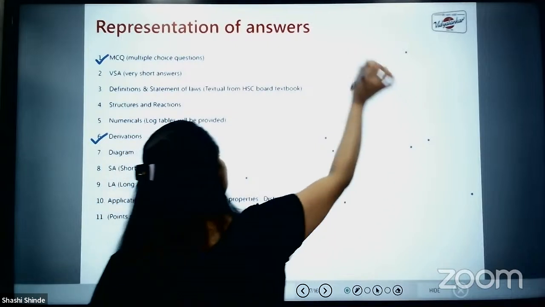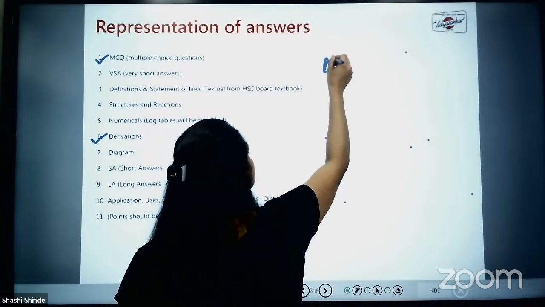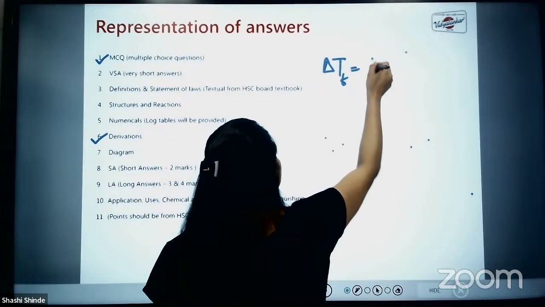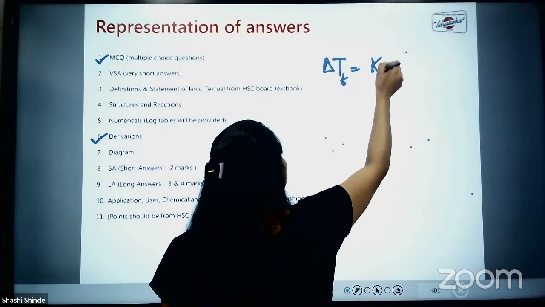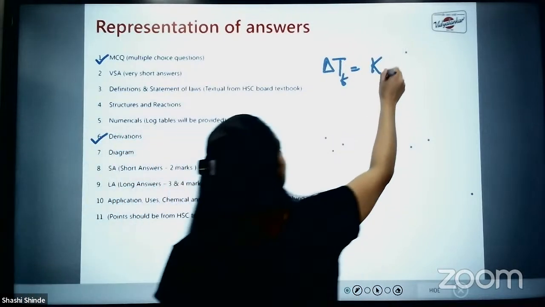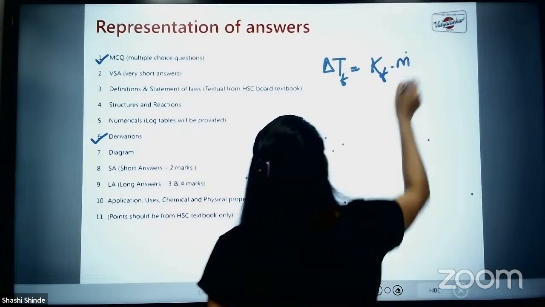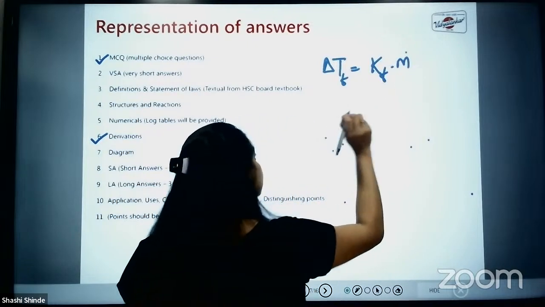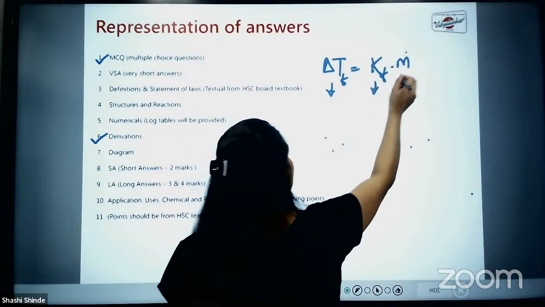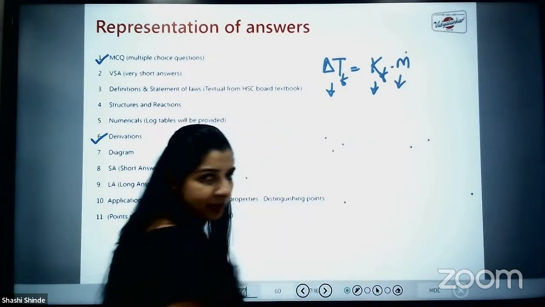Say, suppose we will take the same thing. Suppose we have this derivation: delta Tf. We have to find out the relationship between molar mass and freezing point constant. So delta Tf is equal to Kf into m. Then the very first thing you have to mention is what is this delta Tf, what is this Kf, and what is this m, right?